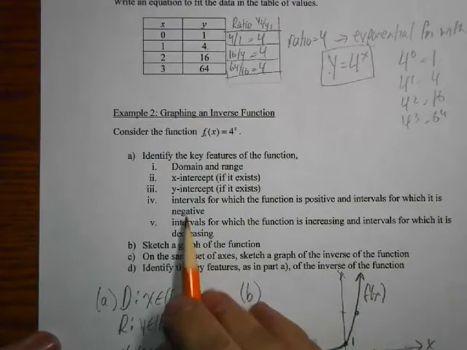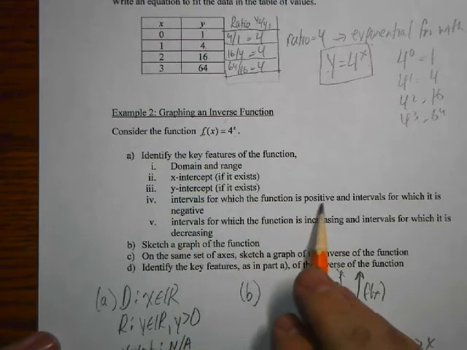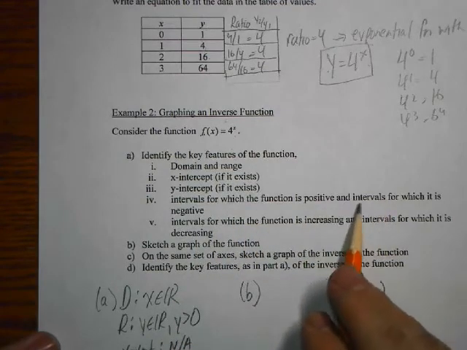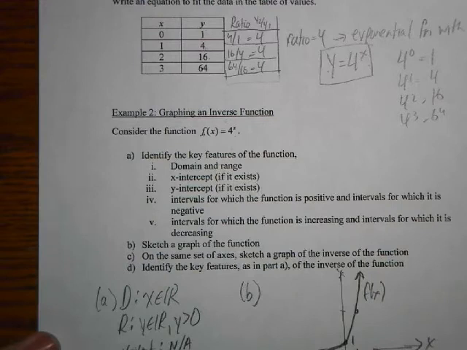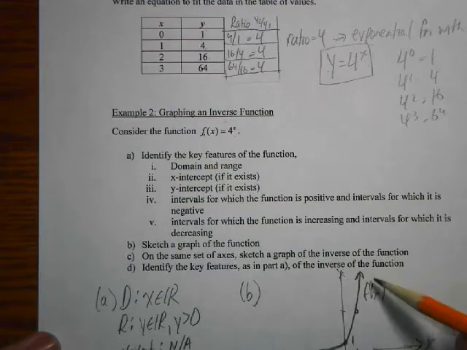Now, it wants to know the intervals for which the function is positive and intervals for which it is negative. Well, positive and negative means are the y values positive or negative? So you can see from here that all the values of x produce a positive value for f of x.